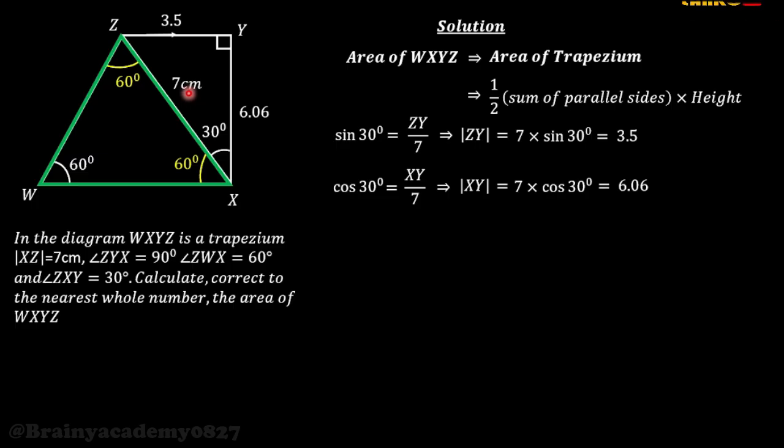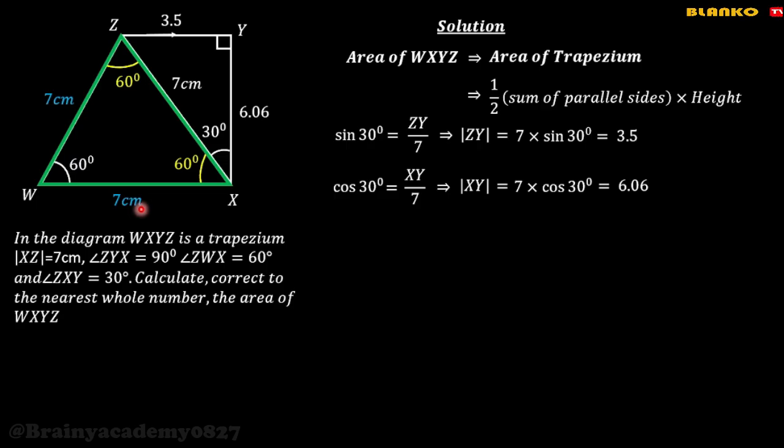Since it's an equilateral triangle, the sides are also the same. So if ZX is 7 cm, then ZW is 7 cm and WX is 7 cm, because equilateral triangles have equal angles and equal sides.